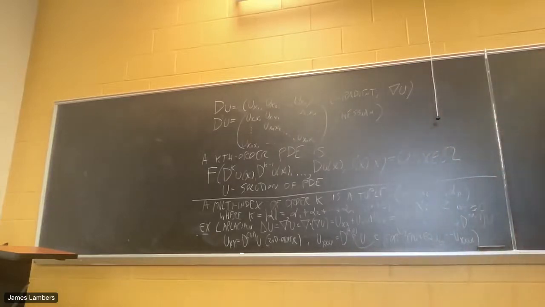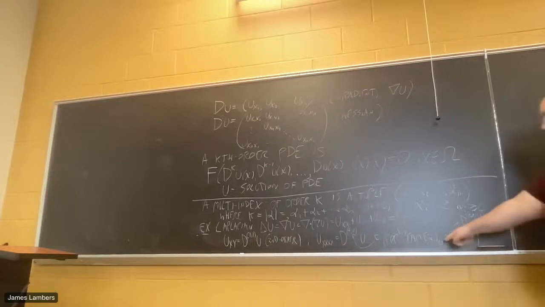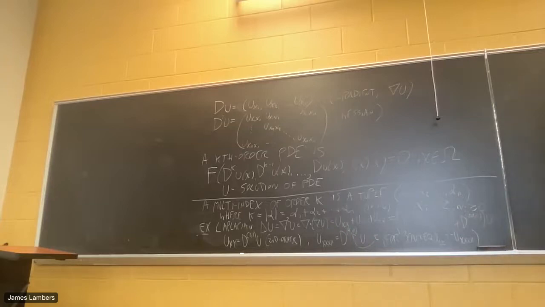Yeah. So utt would have a multi-index of (0, 2). So we have a second order differentiation operator on the left side, fourth order on the right side, and the PDE as a whole is fourth order.